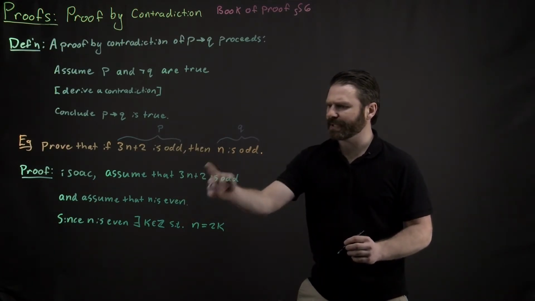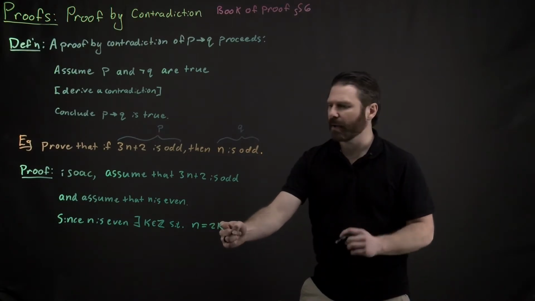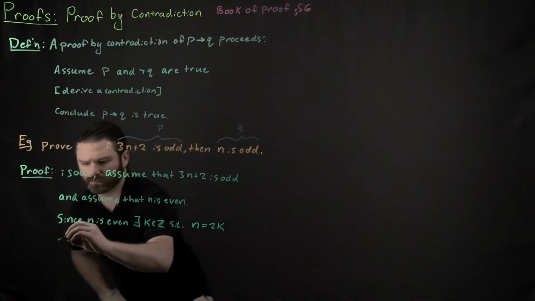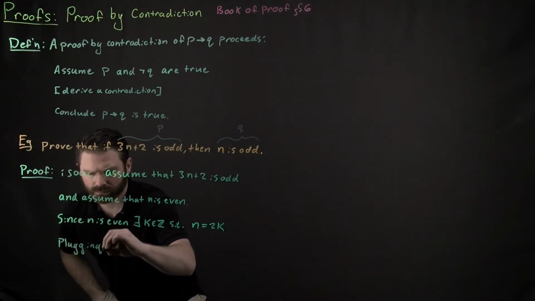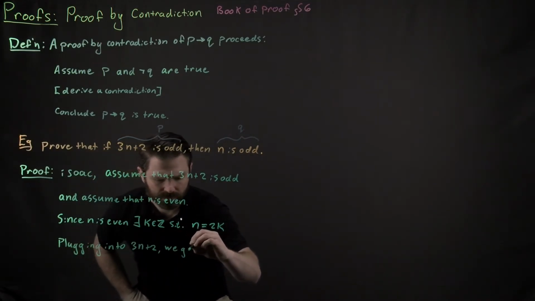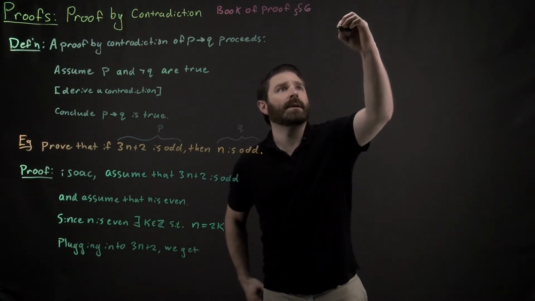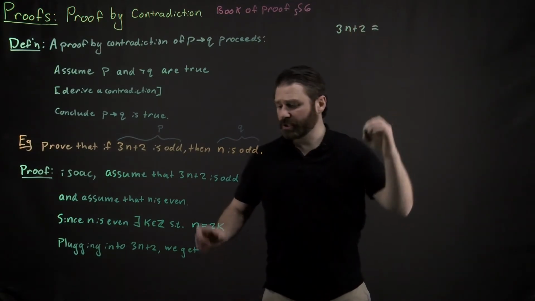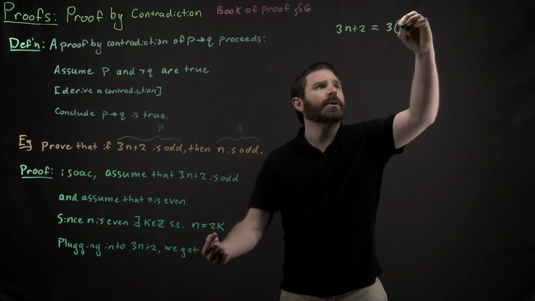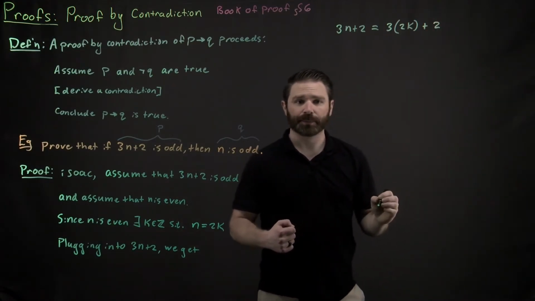So I have an expression for n, and I've used this part. Let's go ahead and now use this part. What does n equaling 2k say about the expression 3n plus 2? So if we go ahead and plug in this expression for n, we get 3n plus 2 is going to equal 3 times 2k plus 2.